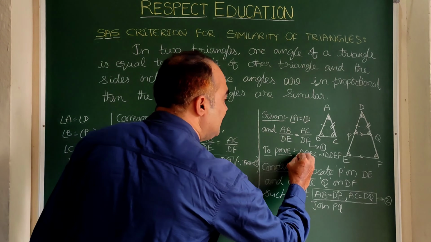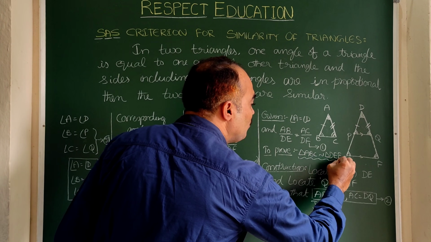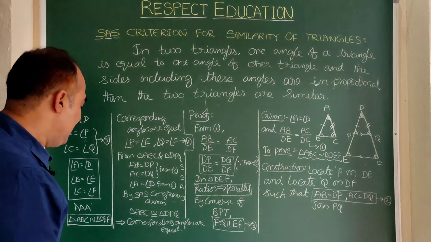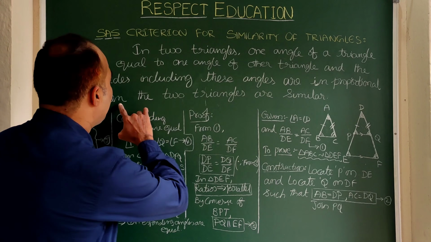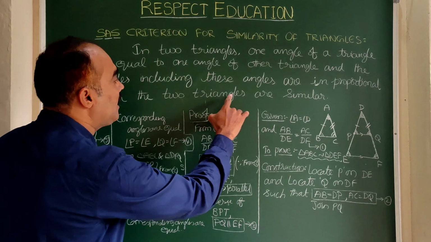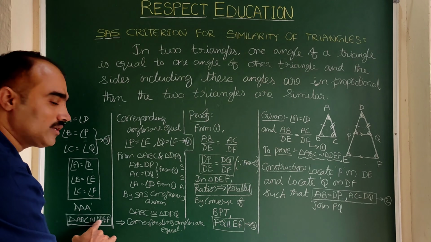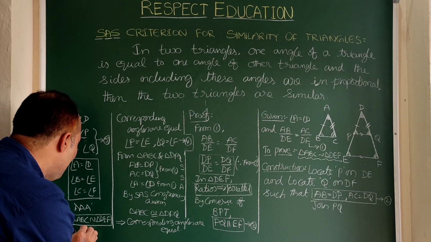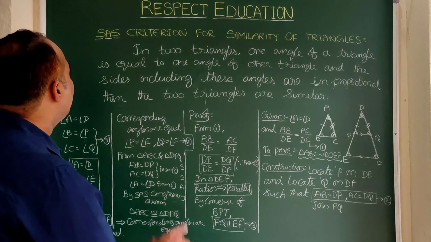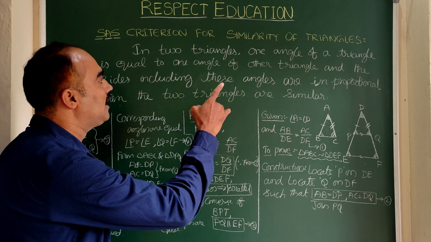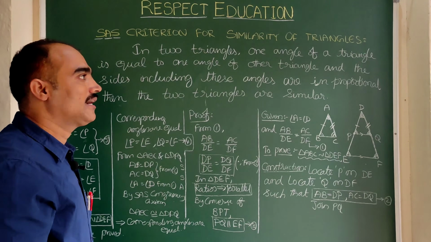That is what we need to prove. Hence the two triangles are similar. Hence proved. With this, the SAS criterion for similarity of triangles gets completed.